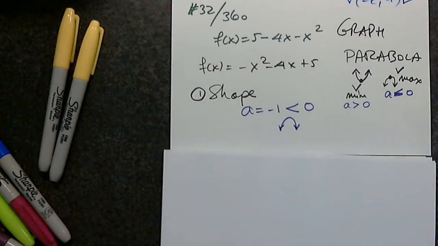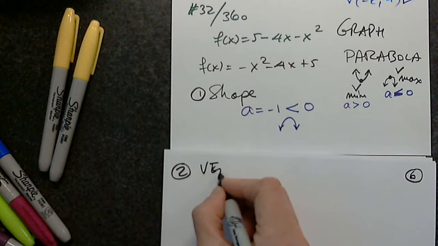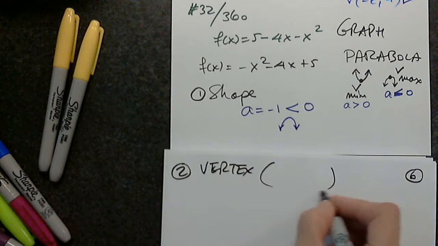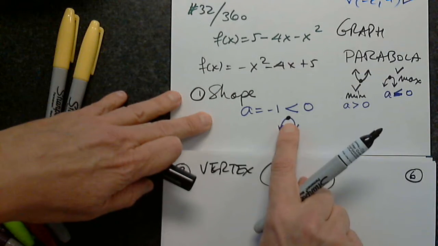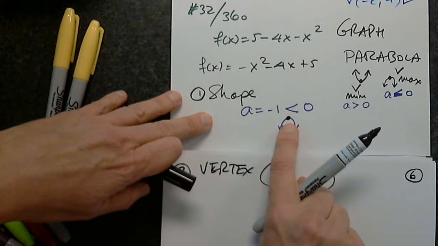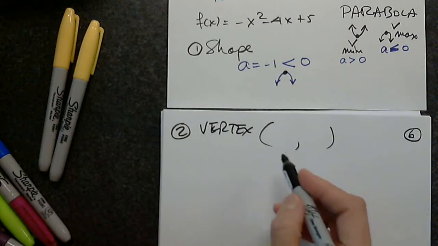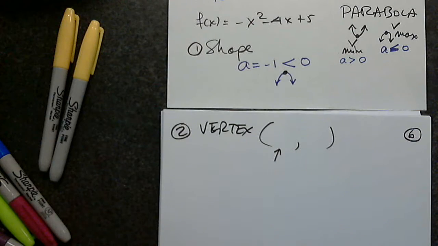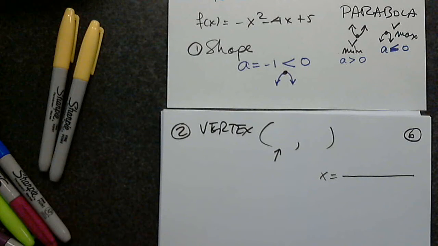Step number 2 is the vertex. The vertex is this point, and we need to determine the coordinates of the point. So how do I determine the x-coordinate? Let me trigger your memory. I know you know this from your previous course, but let's look again at the quadratic formula.